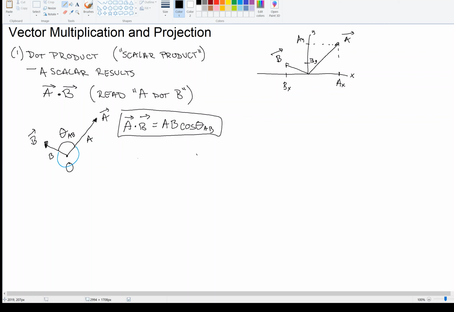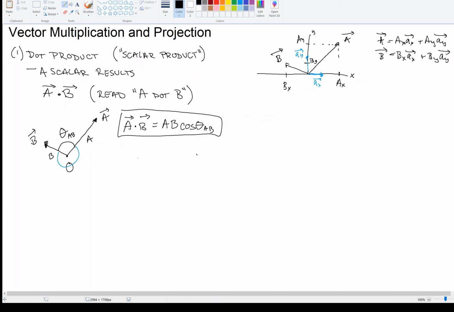Right, so remember from the previous video, we can write A as Ax times little a_x plus Ay times little a_y, and we can write B as Bx times little a_x plus By times little a_y. And remember that this is a_x, a unit vector that points in the positive x direction, and this is a_y, a unit vector that points in the positive y direction.